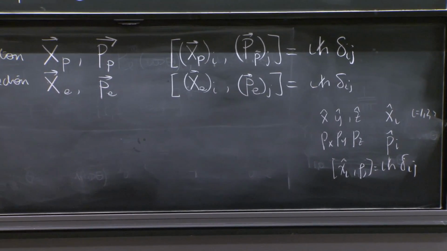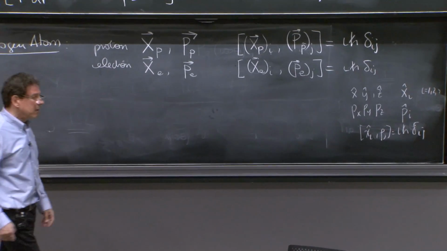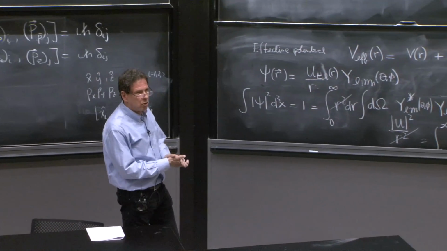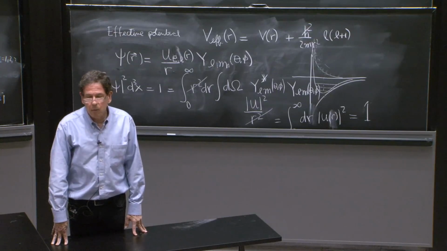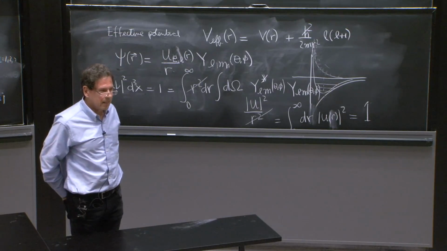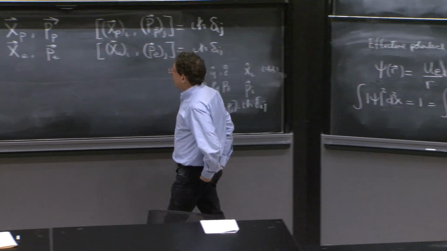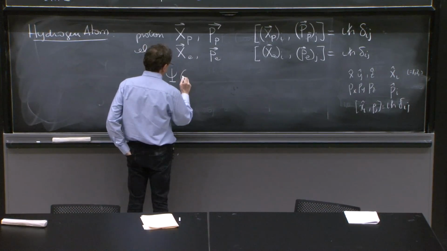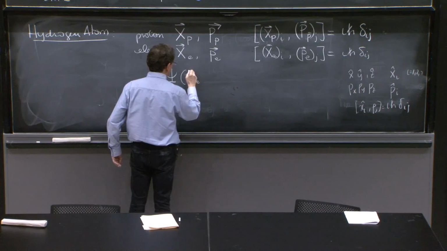And then, when you try to solve this, you have the issue of wave functions. What happens to the wave function? Should I invent a wave function for the electron and a wave function for the proton? No, that's not good. You should invent a wave function for everybody, which is a wave function that depends on the coordinates x of the electron.